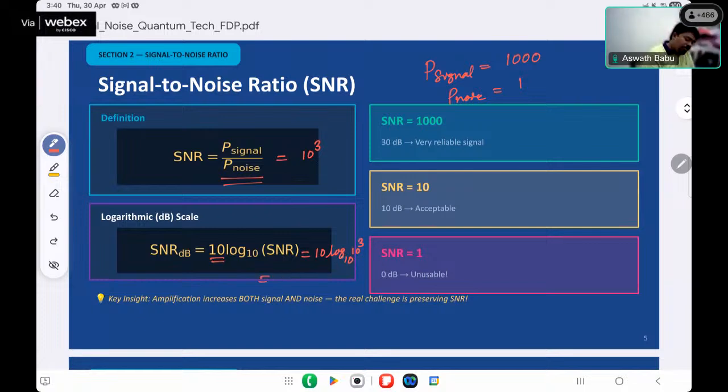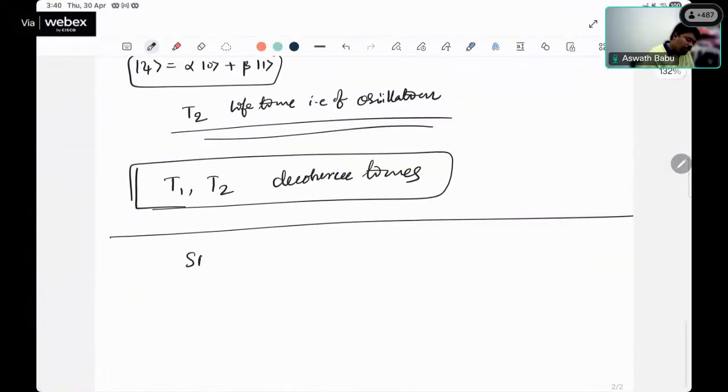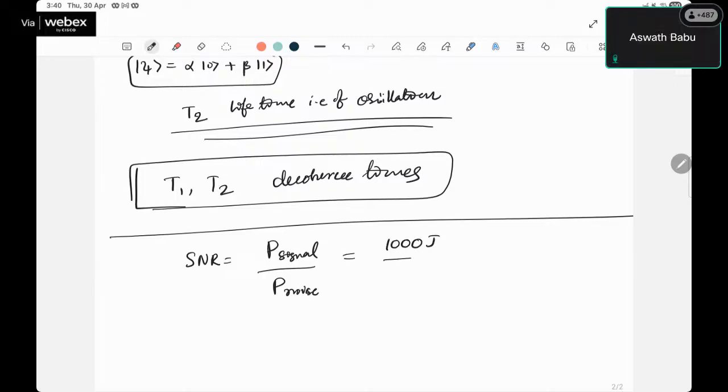I can bring the exponent to the front. Let me show you here. Simple SNR is P signal to P noise. Here we have 1000 joules, and noise is just 1 joule, so the ratio is 10 to the power of 3.